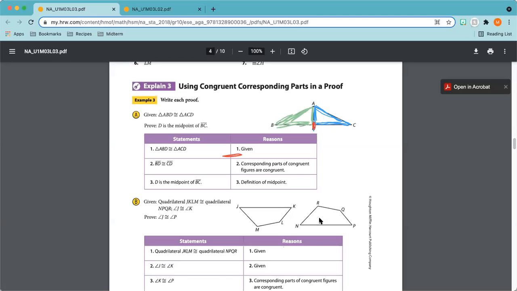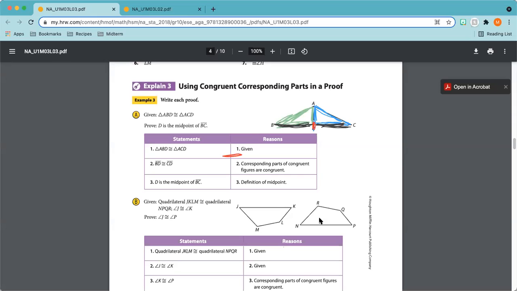Then it says segment BD and segment CD are congruent because corresponding parts are congruent. That's looking at these two sections, B to D and C to D. They're both the base of the triangle, so therefore they would be congruent, right?